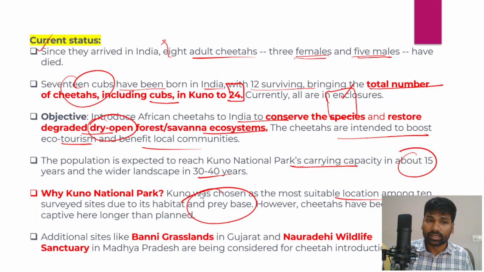Additional sites are also being considered, such as the Banni grasslands in Gujarat, which are expected to have favorable conditions to release more African cheetahs, and also Nauradehi Wildlife Sanctuary in Madhya Pradesh, right?